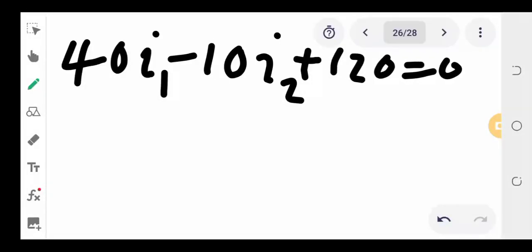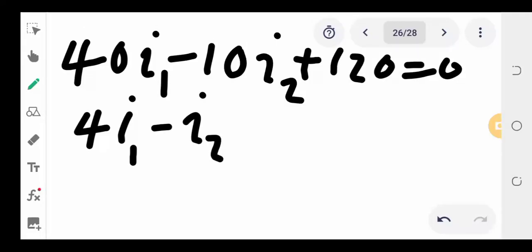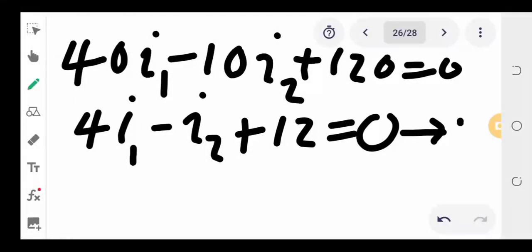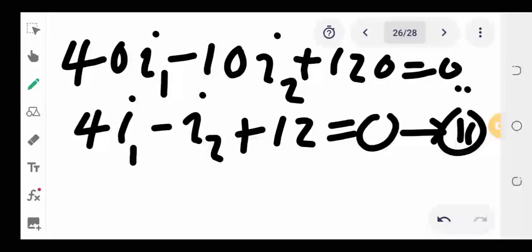So we can reduce this by dividing throughout by 10. If we divide throughout by 10, we get 4 I1 minus I2 plus 12 equal to 0. So this is our equation 2.